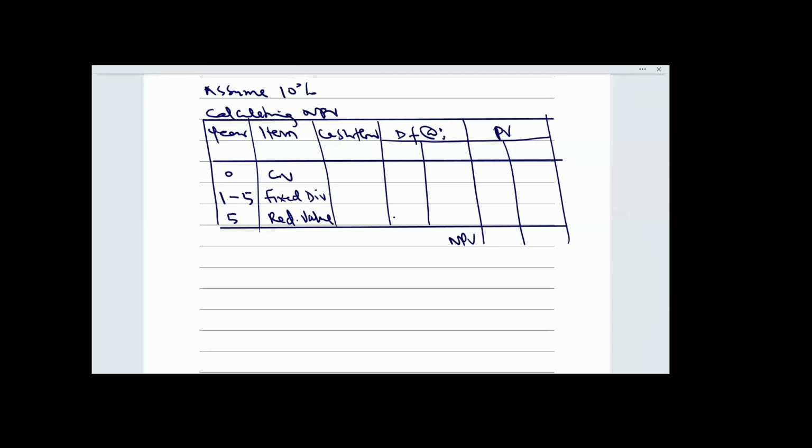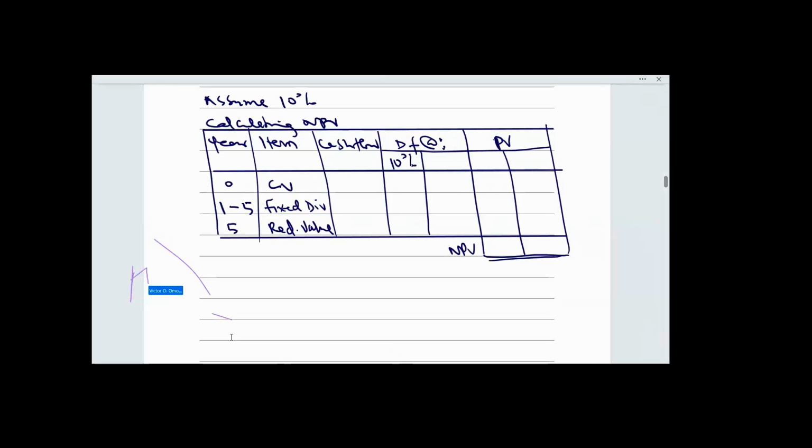Let me draw this. Now, we are assuming 10%. So I will say at 10%. So first thing first, let's put down our cash flow. The current value is the market price of the preference share. So let's go back to the question.